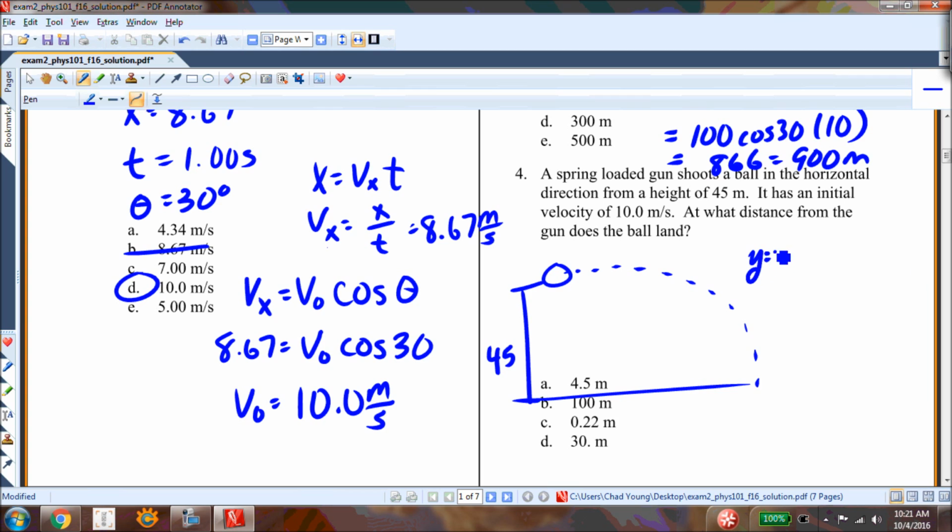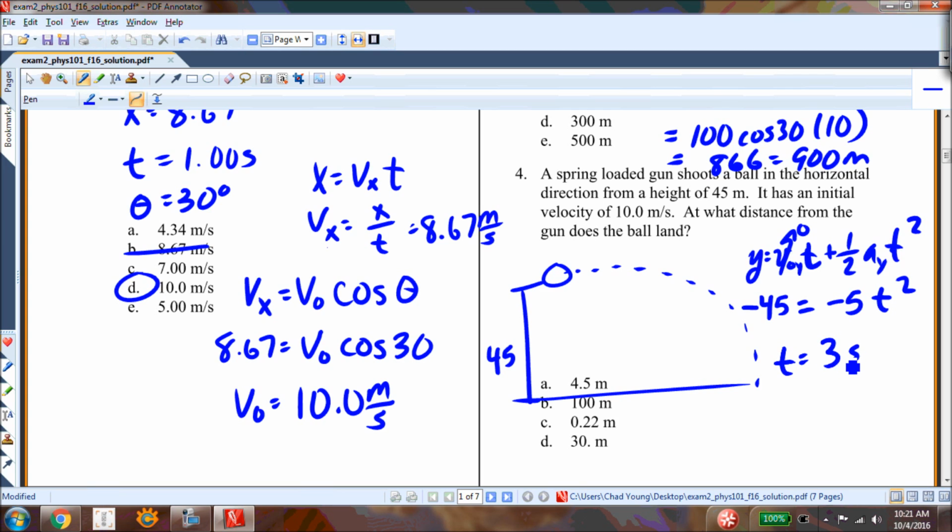I say y equals V naught y t plus 1/2 ay t squared. And then I have y is negative 45. V naught y is 0 because the velocity is initially only in the horizontal direction. Equals 1/2 of negative 10, or negative 5, times t squared. So t is equal to 3 seconds.